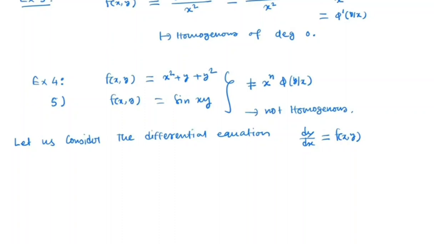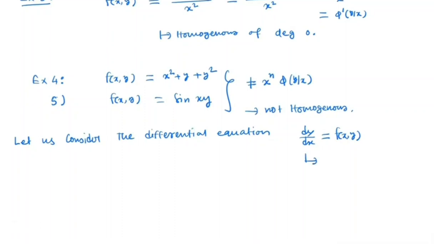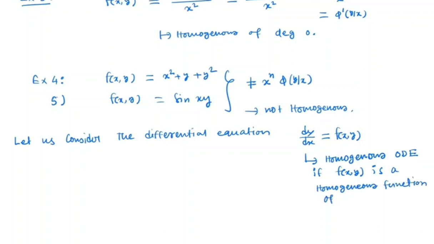Now we call this ODE a homogeneous ODE if this f(x,y) is a homogeneous function of degree 0.